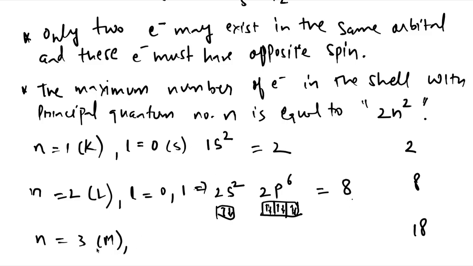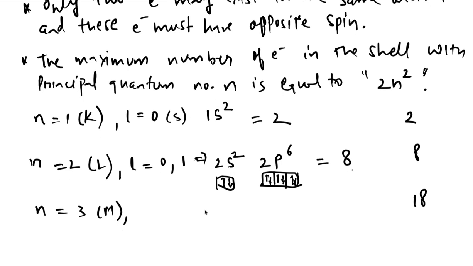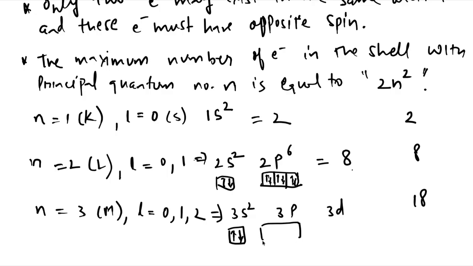Then what about the n equals 3 shell? In that case, possible l values are 0, 1 and 2, right? So the possibilities are 3s, 3p and 3d. 3s can have a maximum of 2 electrons, 3p can have a maximum of 6 electrons, right?